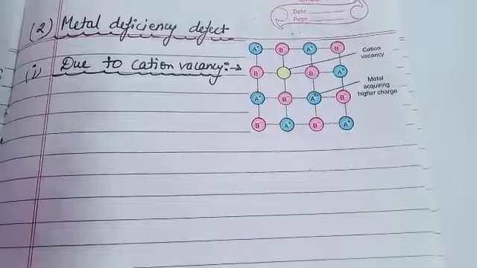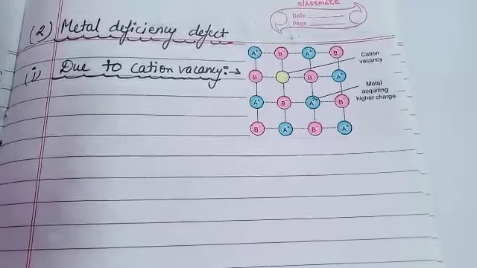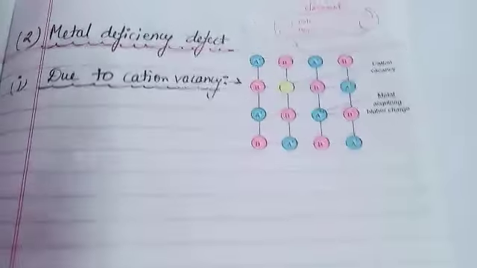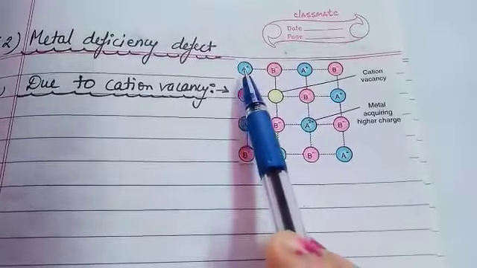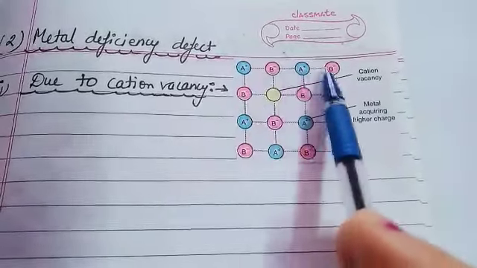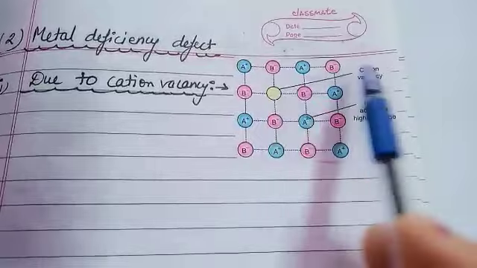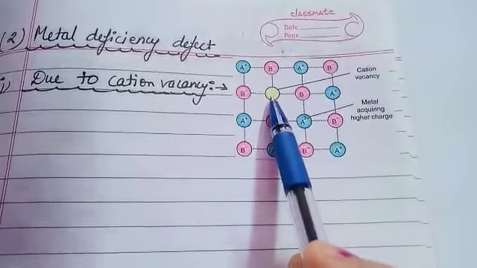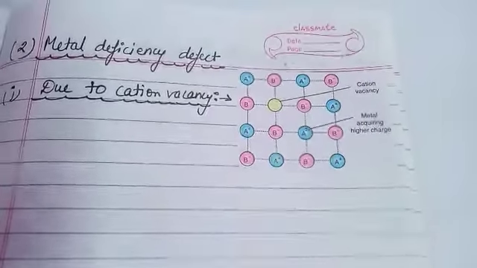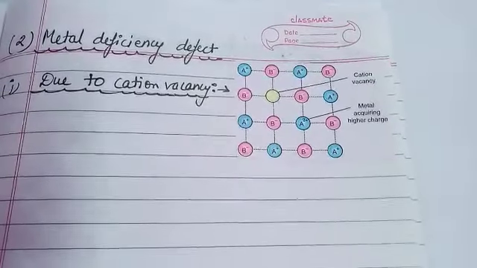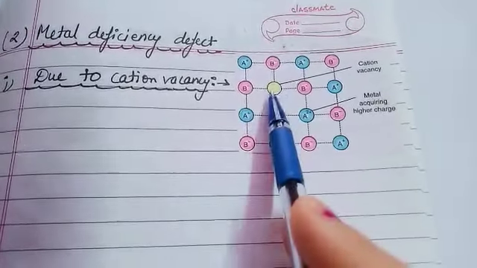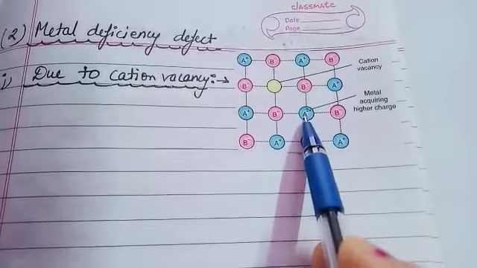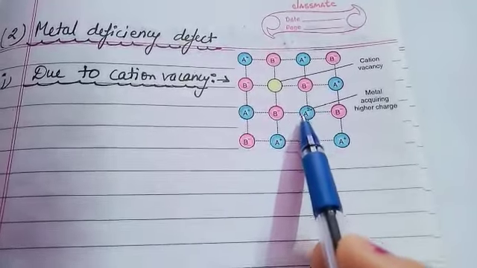Now just see, first is metal deficiency defect due to cation vacancy. In this also, there are cations and anions, and one cation is missing from this site. To remain neutral, the crystal must remain neutral, so just see this: A+ becomes A2+.